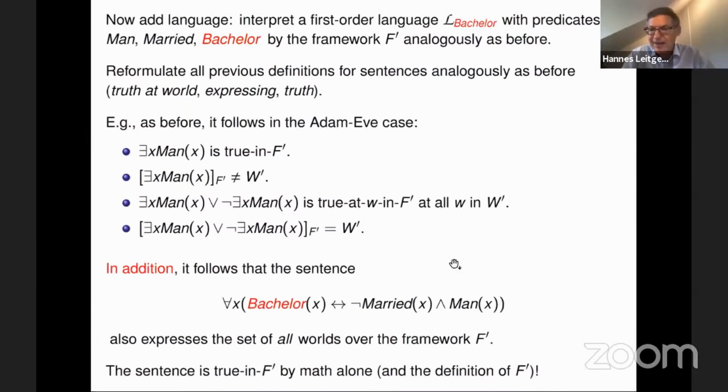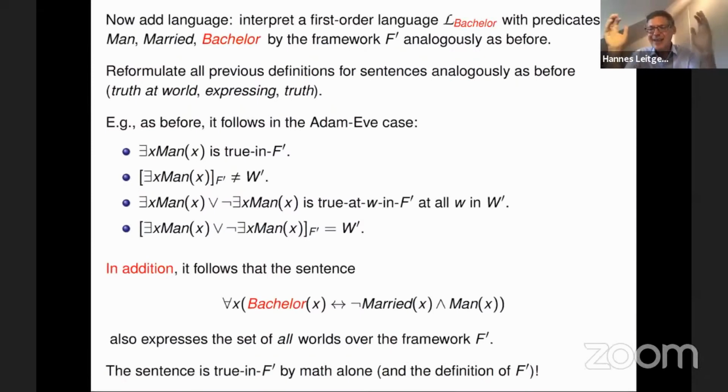And that sentence in my new framework is now also expressing the set of all worlds over the new framework F prime. Basically, the extension of bachelor at a world is given by the B component. And the B component relates to the other components just as expressed linguistically by that object language sentence.